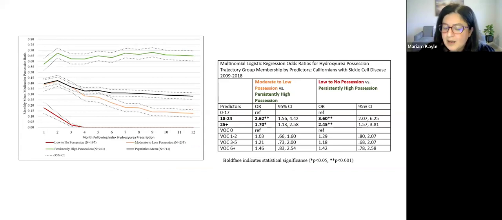And is there something where the interventions need to focus on that age group and need to focus on, once a prescription is given to a patient, that follow-up for probably the first 3 to 4 months might be important to ensure adherence or to improve adherence to hydroxyurea in this patient group.